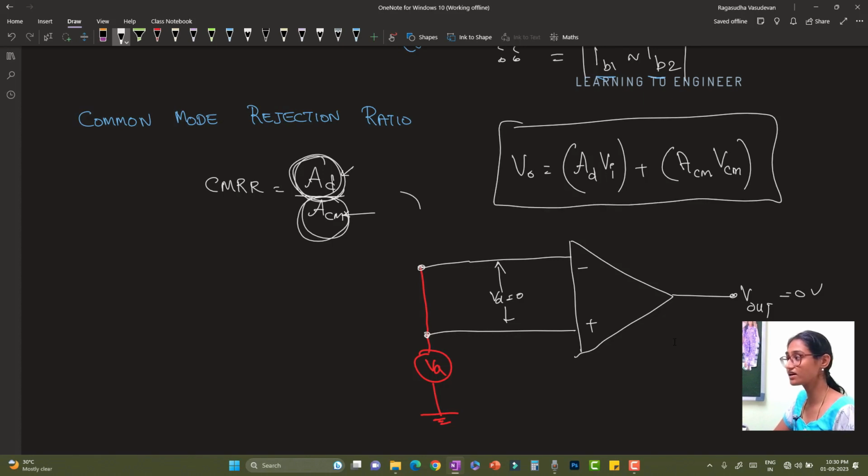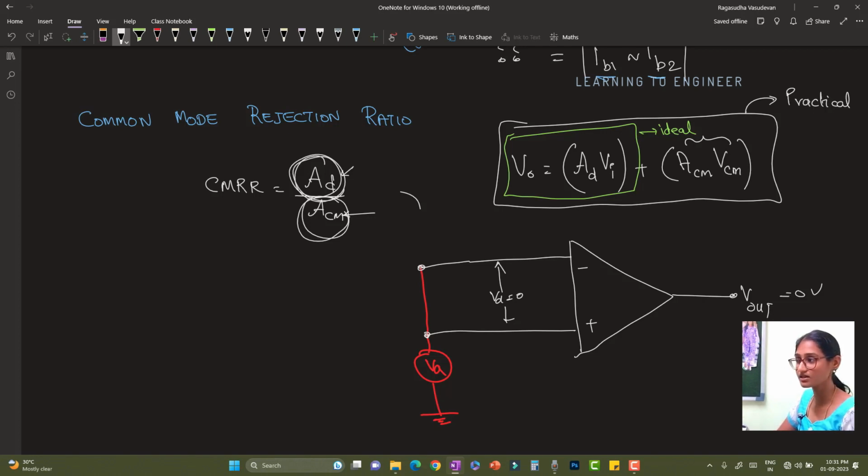So far we have been considering only this part of the op-amp for the ideal scenario. When we consider the practical things, we also have to consider the common mode aspect of an op-amp, and this is the practical equation of an op-amp.